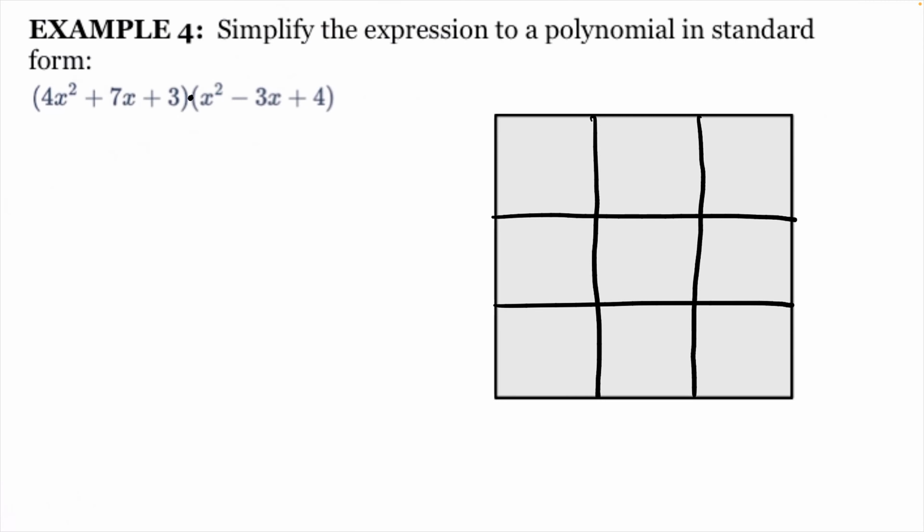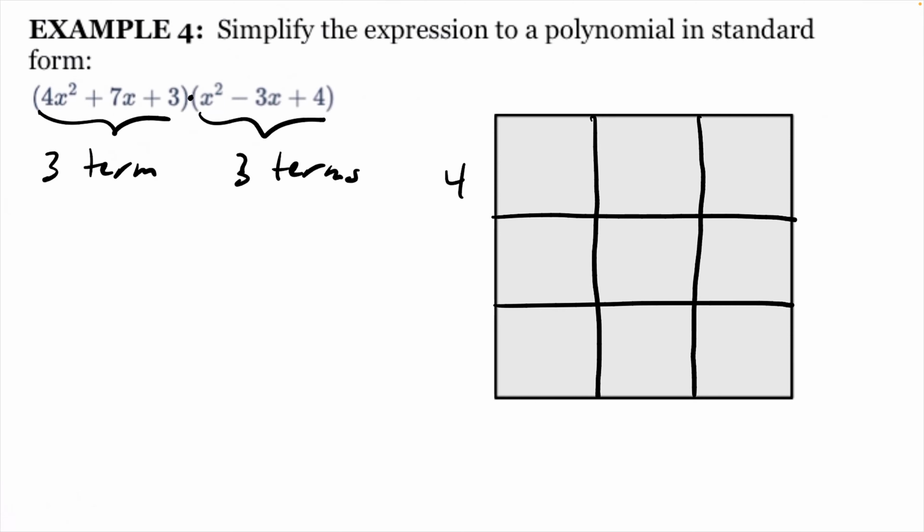Since they both have 3 terms, does it matter which one you put on the left and which one you put on top? No. Order doesn't matter for multiplication. So 4x squared, positive 7x plus 3.